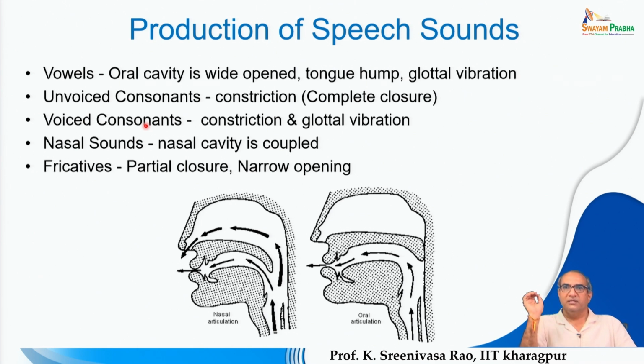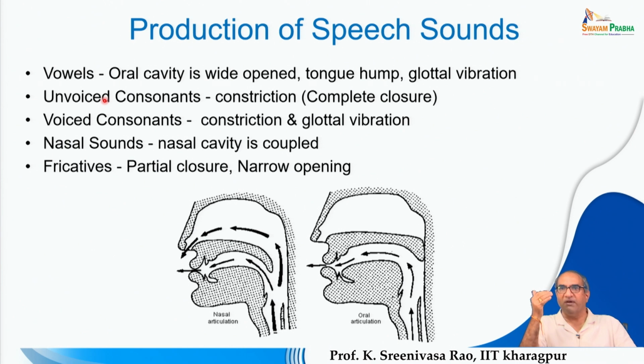Those are the voiced consonants, produced due to the combination of both excitations: the voiced excitation as well as the constriction, where placing a constriction and the release of the constriction acts like excitation.